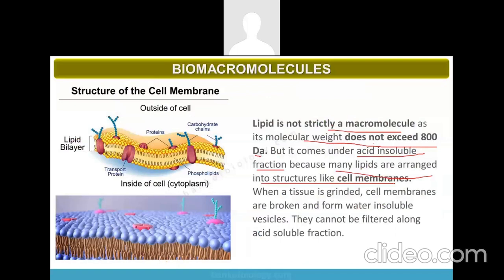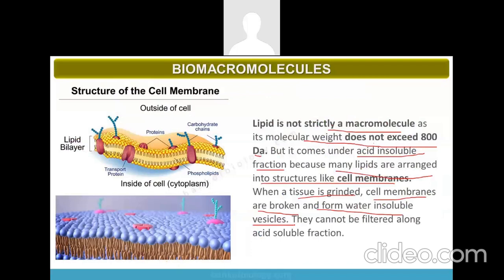But lipid is not a macromolecule at all because its weight does not exceed even 800 Dalton. But it comes under the acid insoluble fraction because many lipids are arranged into structures like the cell membrane.